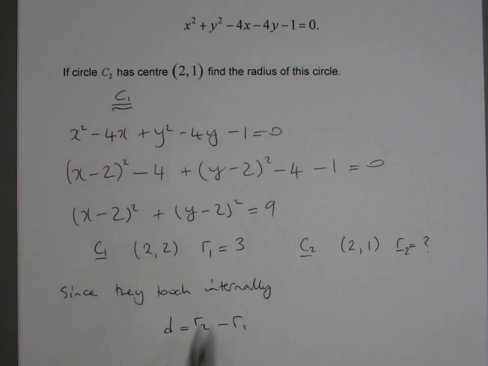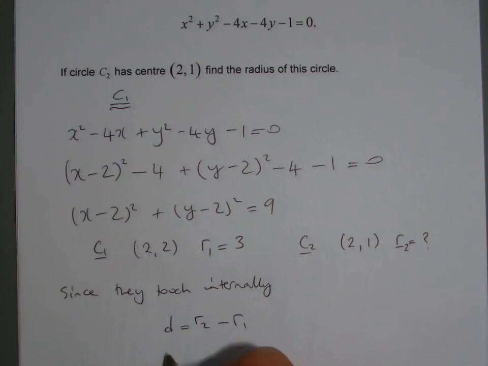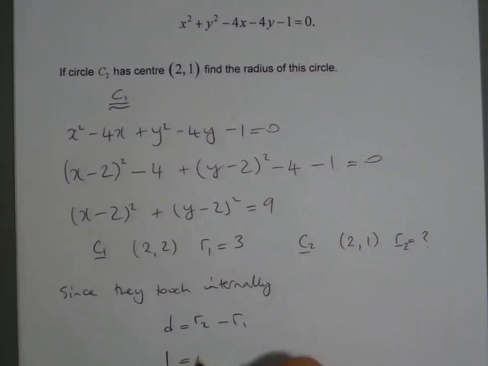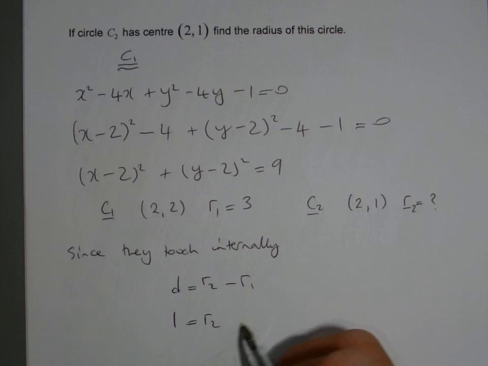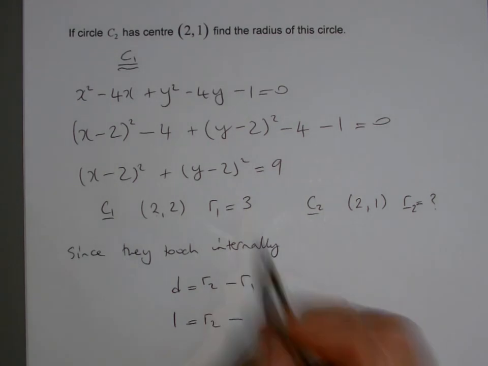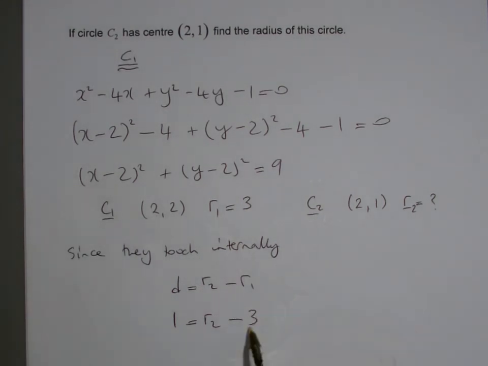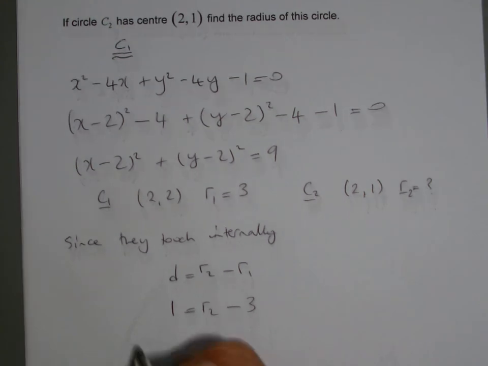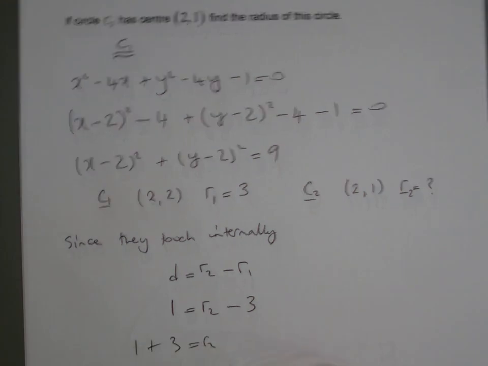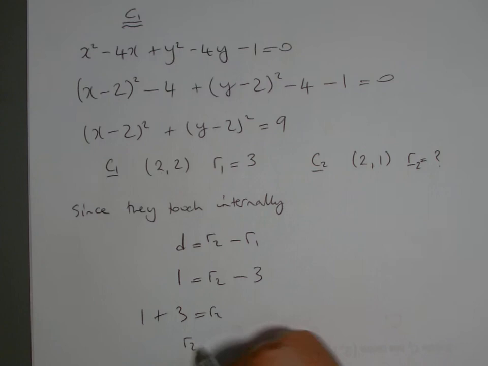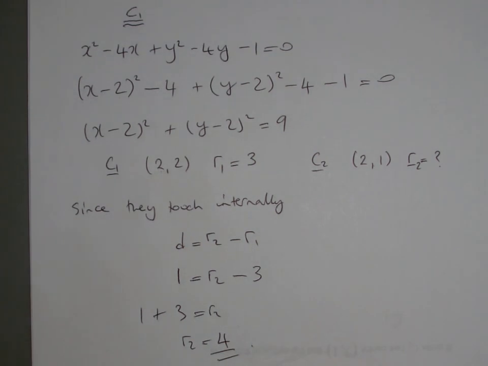So the distance is just 1. You can use Pythagoras to check if you want, but D is going to be 1. R2 we don't know, and R1 we've got 3. So if we take that over to the side, we get R2 equal to 4. So the radius of the second circle is 4.